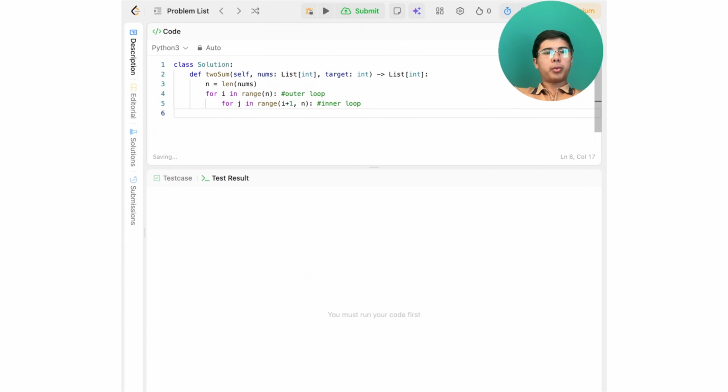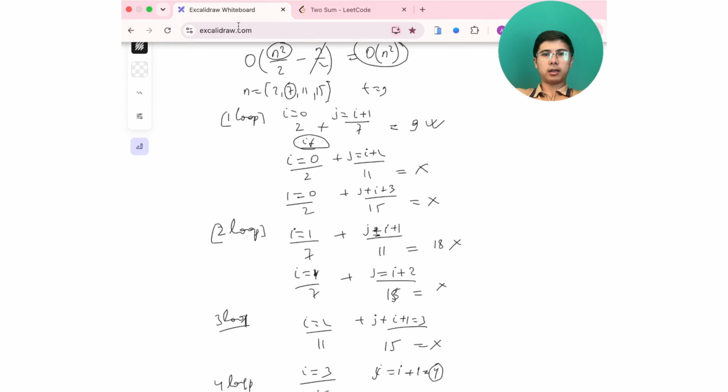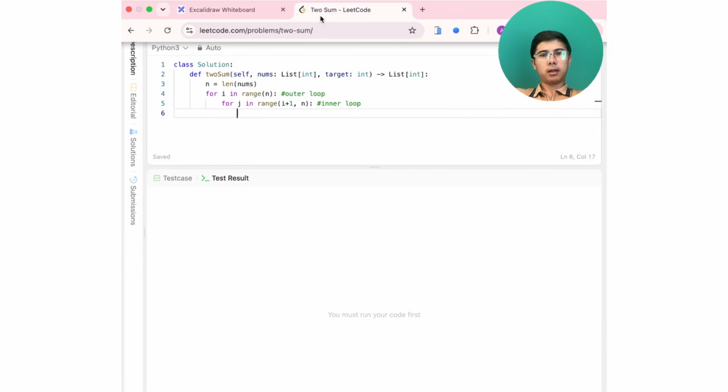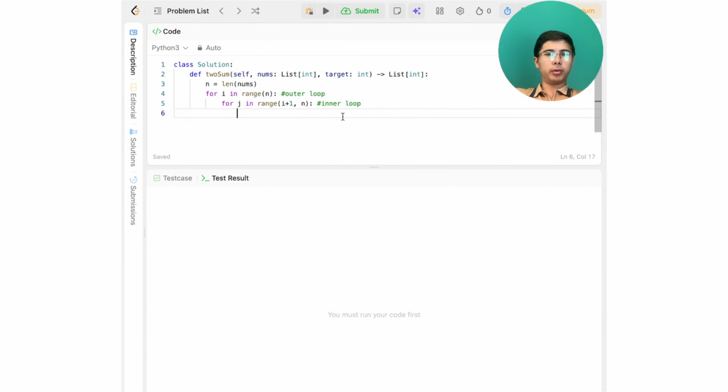The inner loop compares the current element with all remaining elements. We start from i plus 1 to avoid comparing an element with itself, and to avoid checking duplicate pairs as well. As we said, 2 plus 9, 2 plus 7, and then again 7 plus 2, it's useless. That's why we need the inner loop as well.